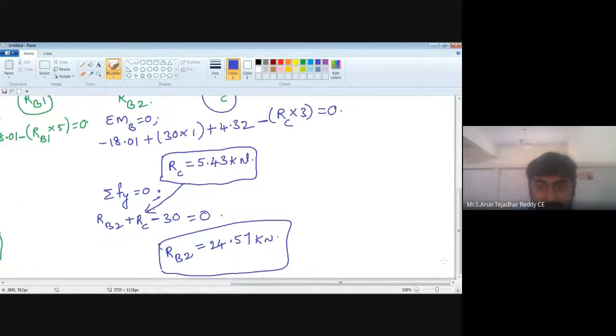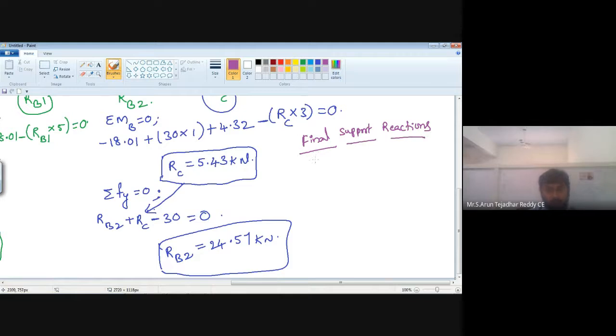So next is the final support reactions. In that, RA is a single value, that is 25.85 kilonewton.